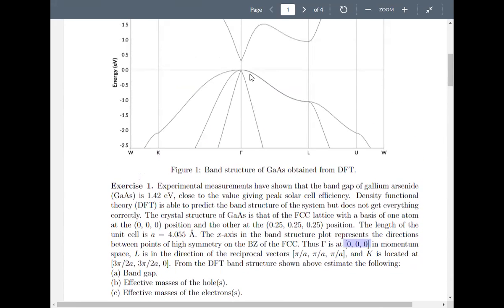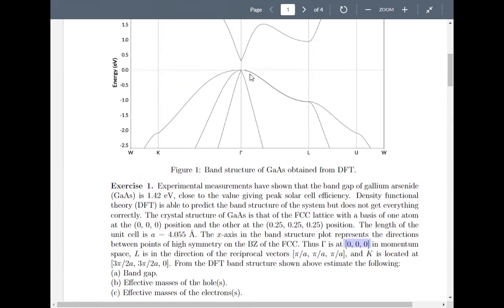Once you have, as a function of energy, what these numbers correspond to, then you can write an energy as a function of k in that particular direction. The other direction is different because this distance from here to here is not the same as the distance from here to here.